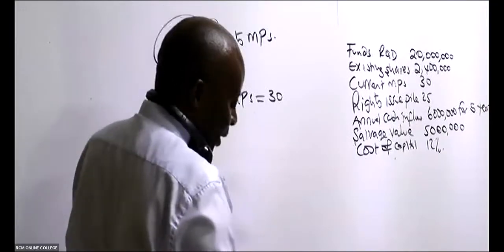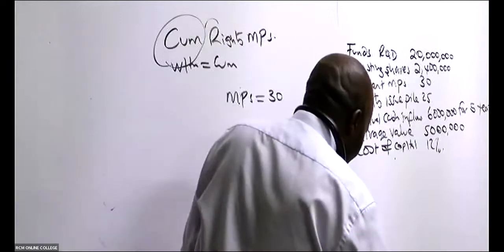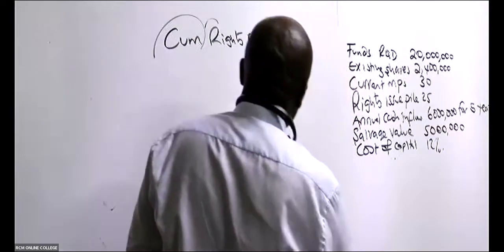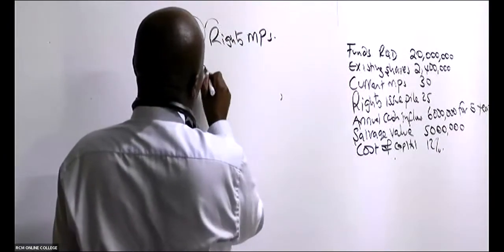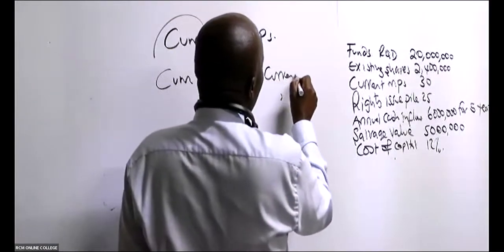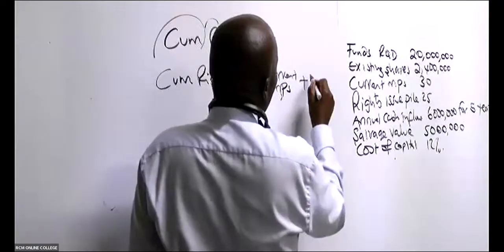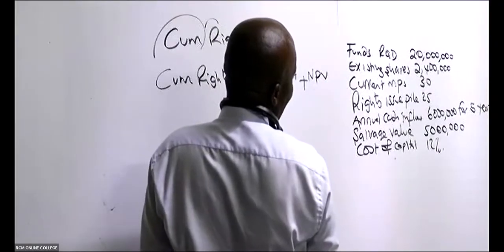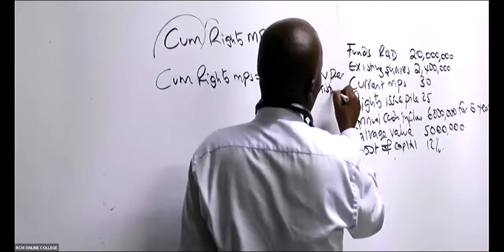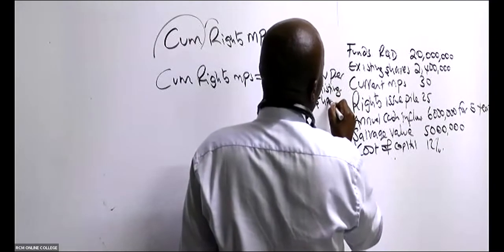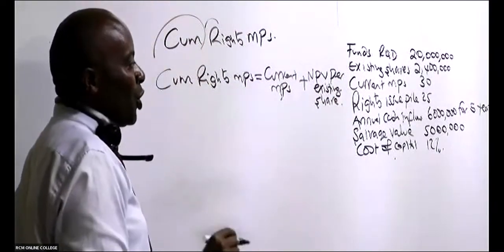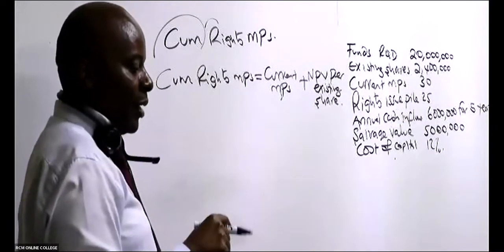So then how do we get this CAM rights MPS? It's very, very easy. What we normally do is take the current MPS and add the NPV per existing share, because whatever will be raised out of whatever you're going to issue here, you're going to invest in a project.